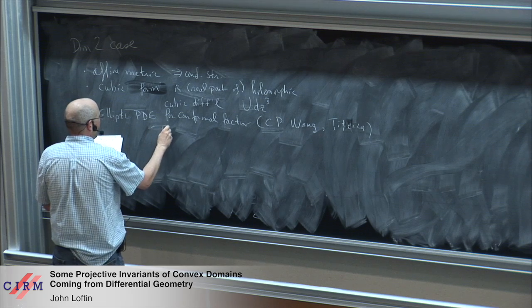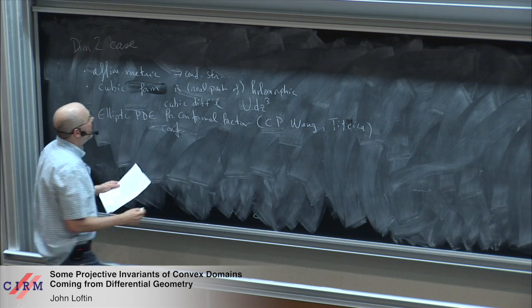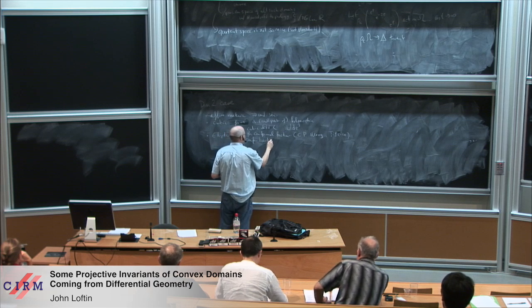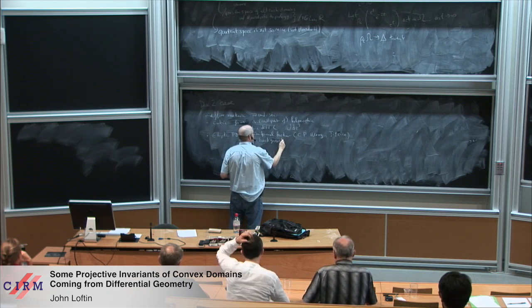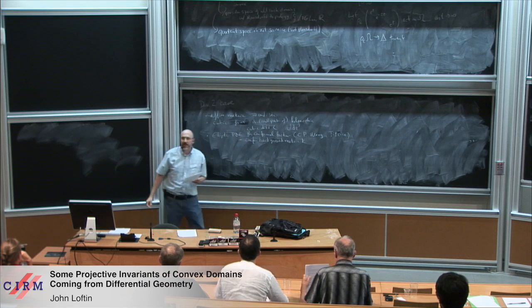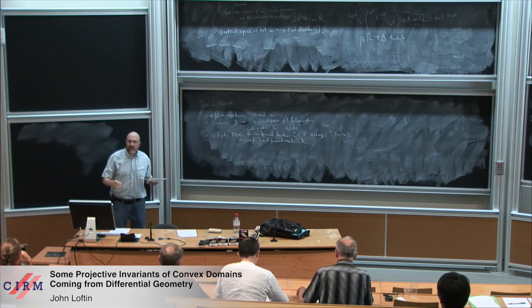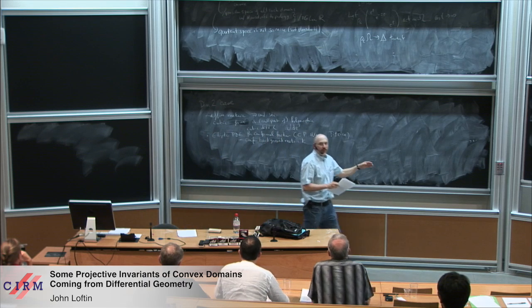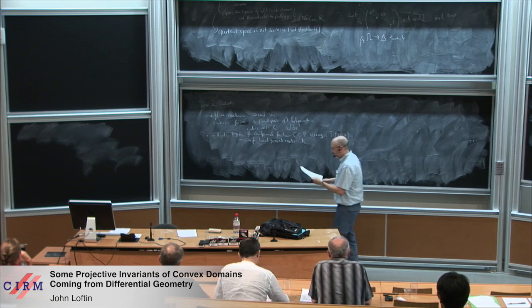So what I want to do is consider a conformal background metric k, and then figure out what conformal factor I need to multiply k by in order to get the metric for an affine sphere.